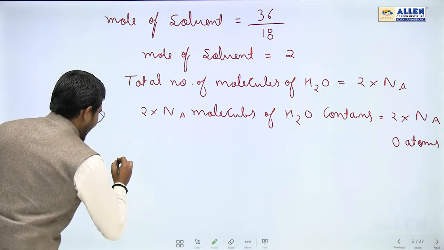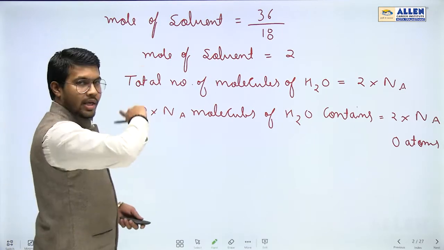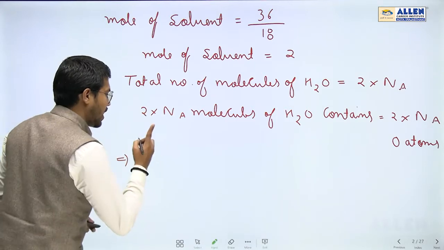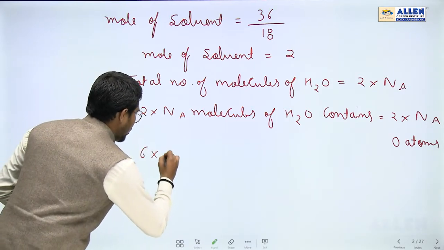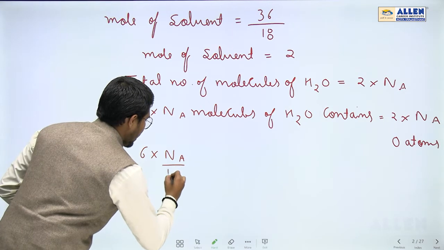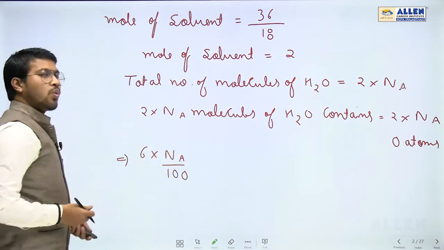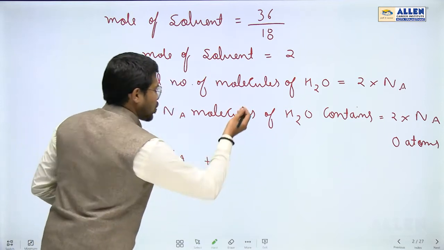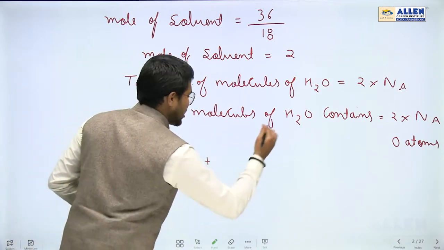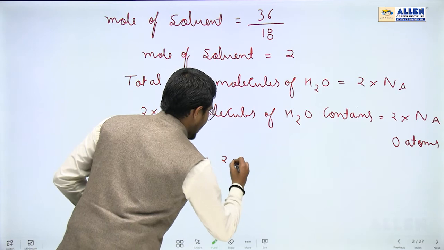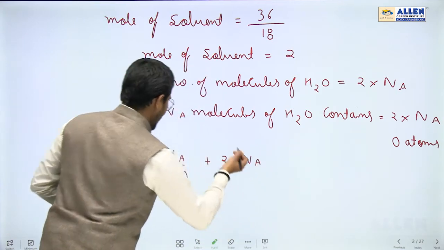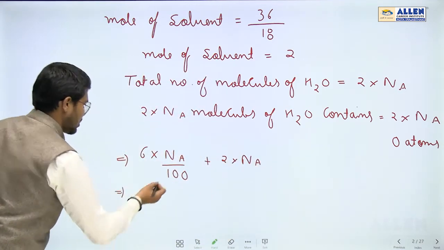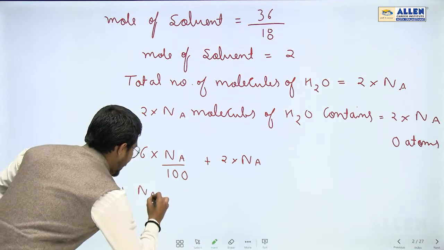In the earlier part, the number of oxygen atoms in solute was 6 into Na upon 100, and in solvent we got 2 into Na. We'll add both these numbers and take Na common.